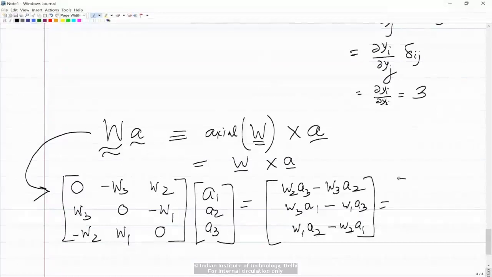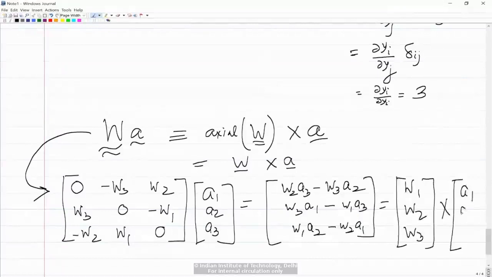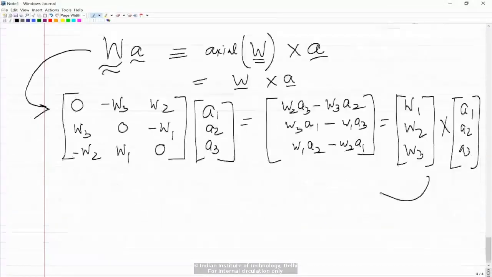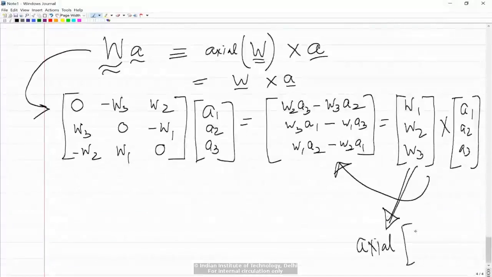But you will notice that this is also equal to the vector W1, W2, W3 cross product A1, A2, A3. So when you do this cross product, you will get the same thing. So this vector here is the axial vector of this skew symmetric tensor W.